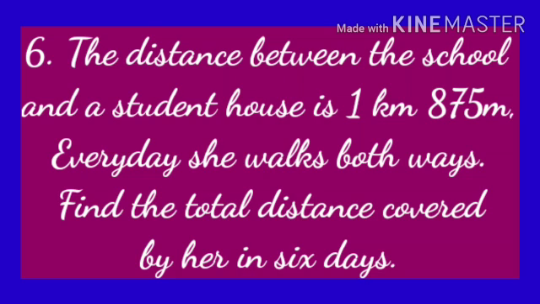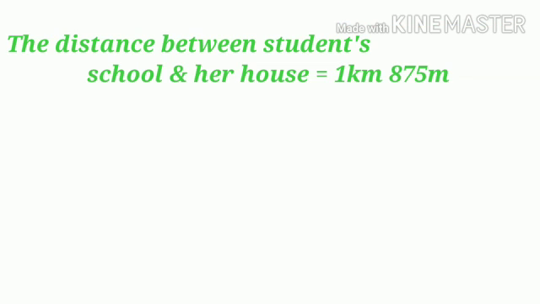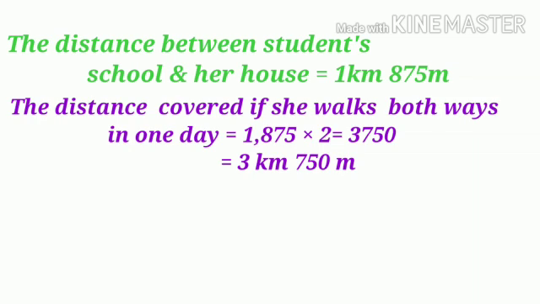First, we need to write the distance between her house and her school, that is 1 kilometer 875 meter. And then we need to convert the same distance if she walks both ways, that is 1875 multiplied by 2. We will get 3750 meter.